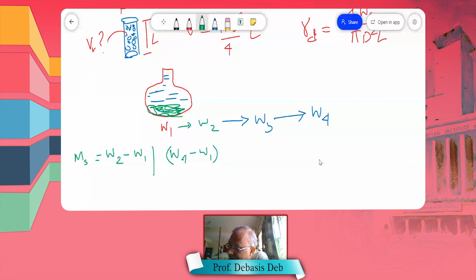Then minus W3 minus W2. What is this? What is W3 minus W2?